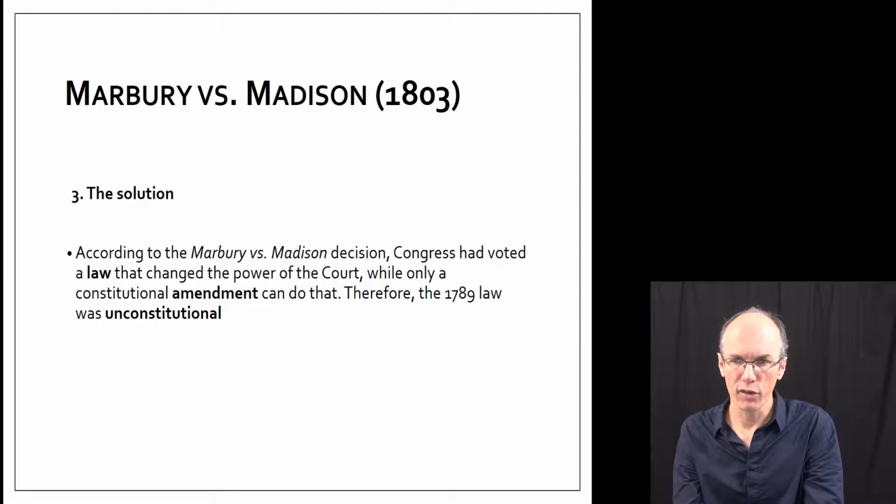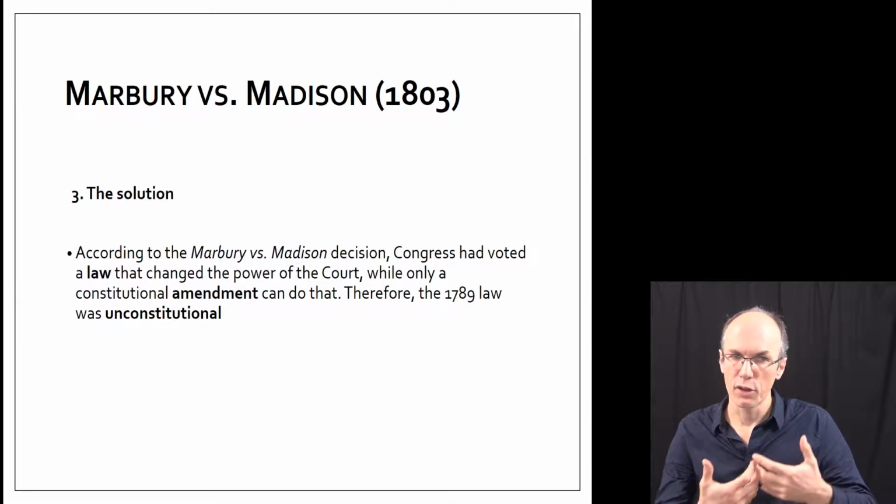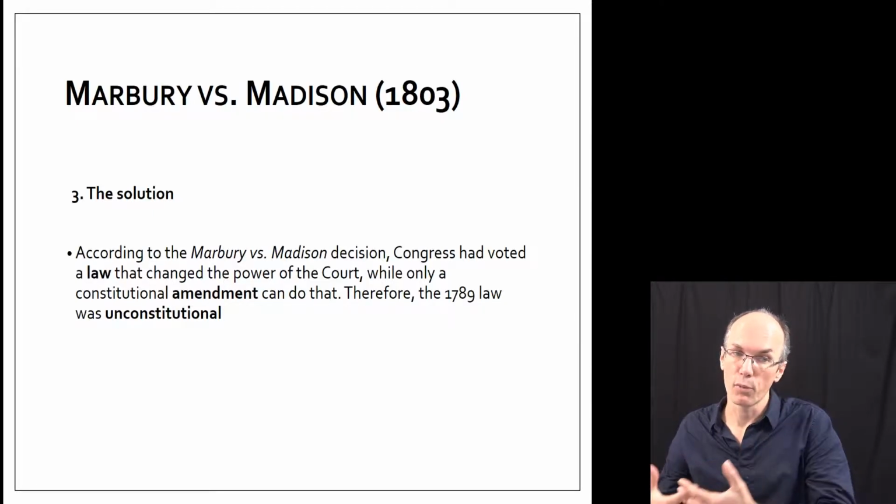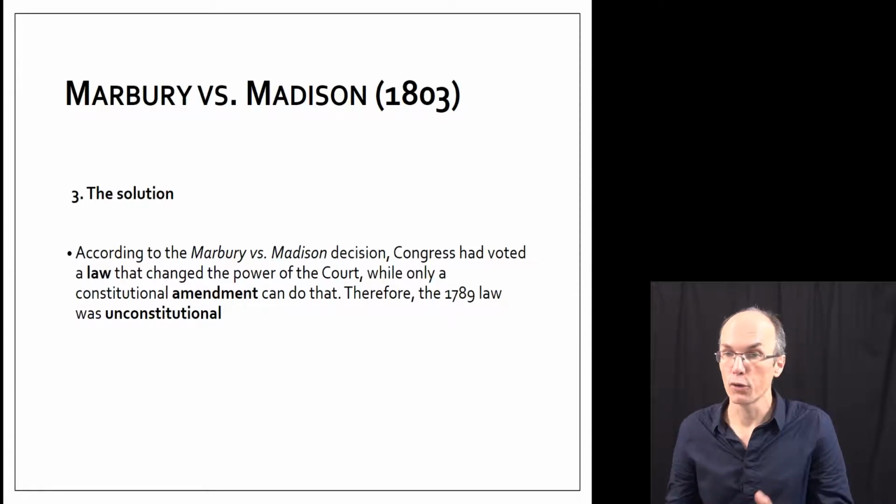Why is it unconstitutional? Because this is a power which is attributed to Congress, and you cannot simply attribute it to the US Supreme Court with a law. If you want to change the Constitution, you have to use an amendment.